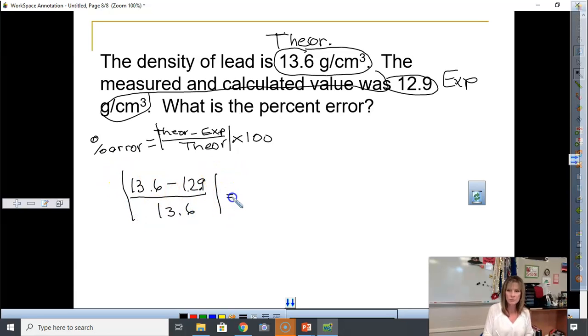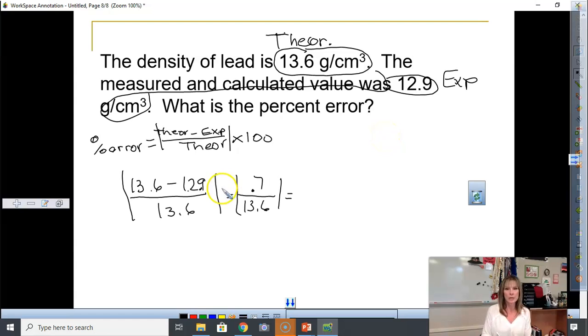So let's see what that gives me. 13.6 minus 12.9 gives me 0.7, and I'm going to divide that by 13.6. 0.05147. That's a lot of numbers. How many sig figs can I have?